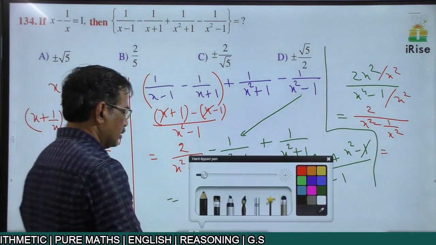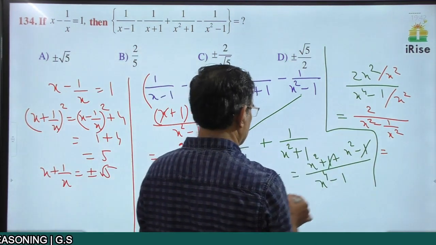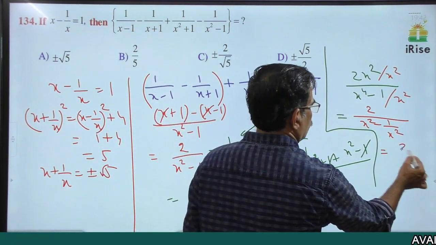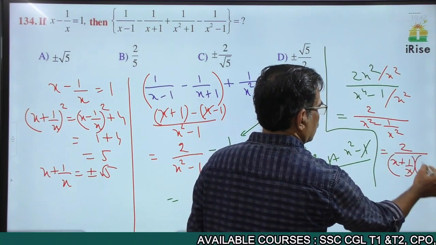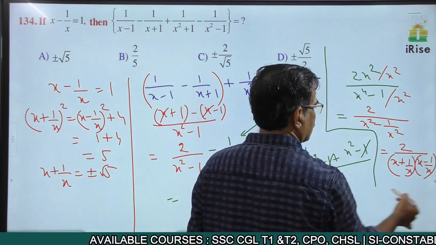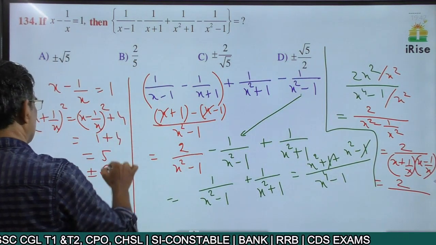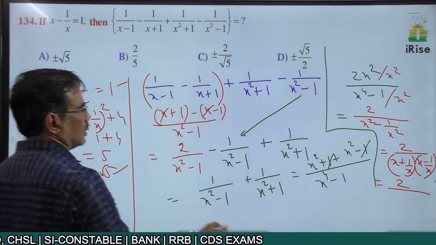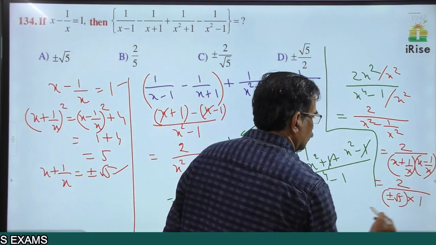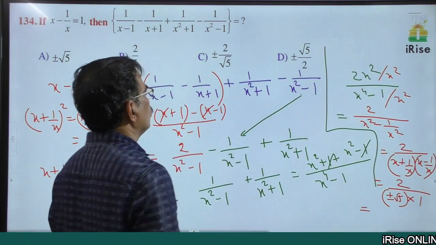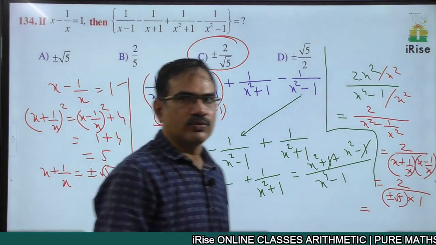Then see the question. This can be written as 2 by x plus 1 by x into x minus 1 by x. So x plus 1 by x is root 5, and this is 1. So plus or minus root 5 into 1. The answer is 2 by root 5.